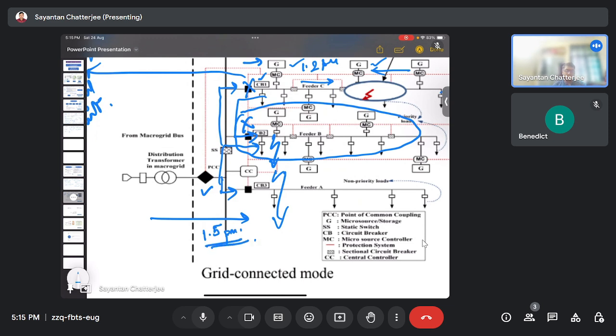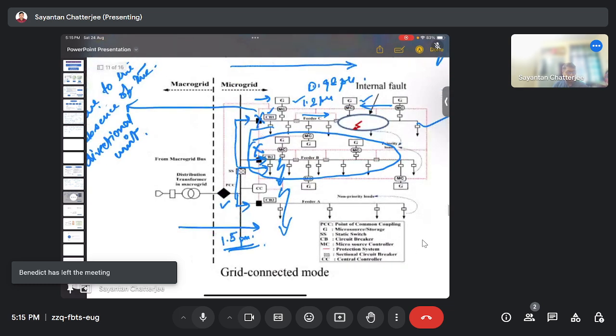It is, let's suppose 1.5, but in the presence of DGs here and there, this breaker has to be set at a particular value, right? This breaker has to be set at a particular value.